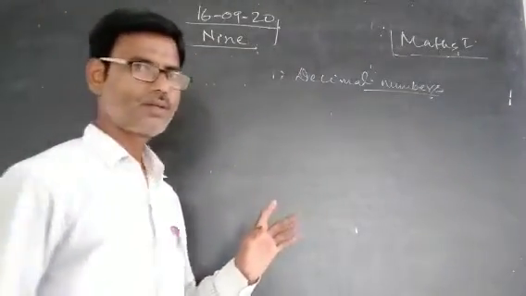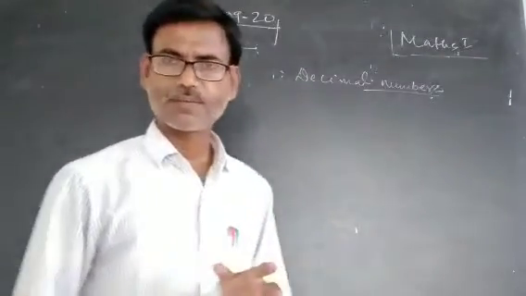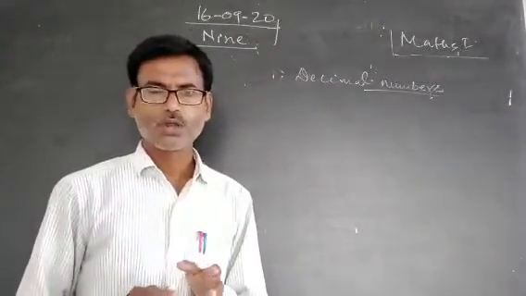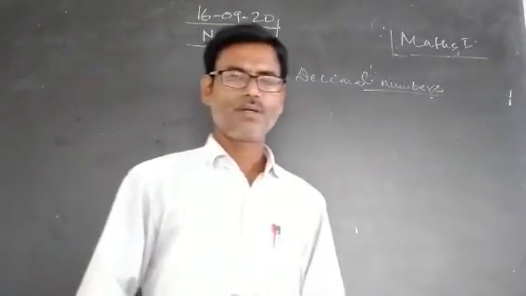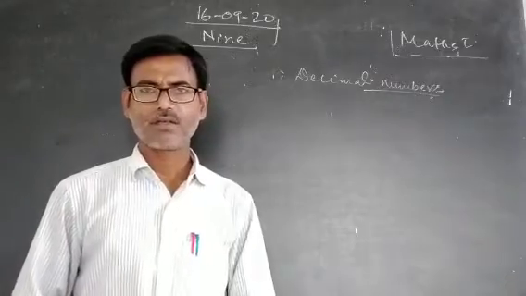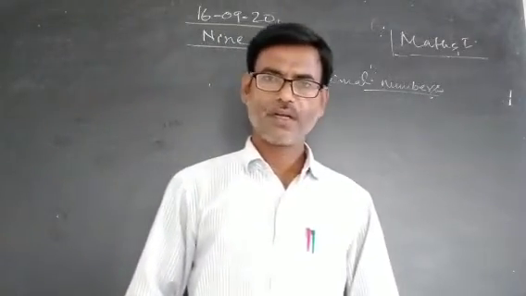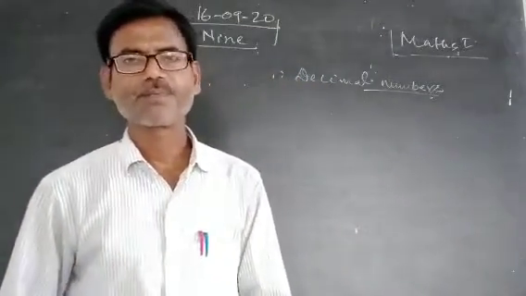The rule is: if the denominator of a rational number is of the form 2 to the power m into 5 to the power n, where m and n are natural numbers, it gives a terminating decimal.